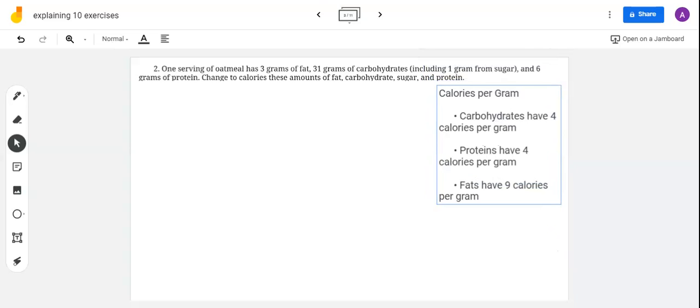But I think if I were to do a formula, that formula would most likely be number of grams times the calories per gram. So that would be my formula for that.